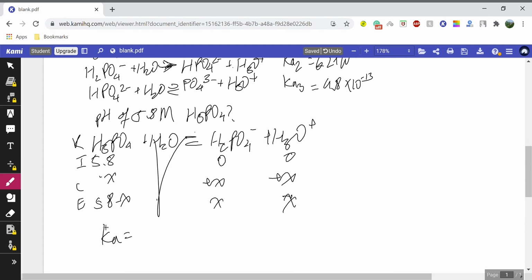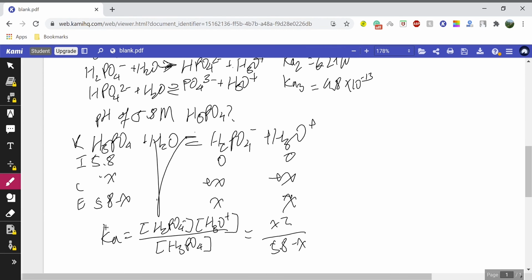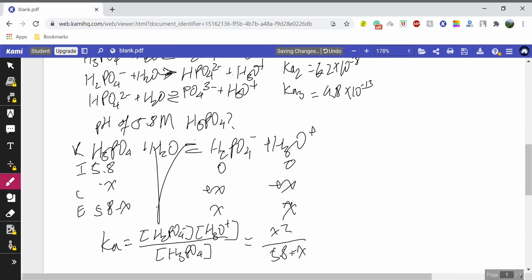So we're going to use Ka is equal to the products, which is H2PO4 minus, times the concentration of H3O plus, divided by the aqueous concentration in our reactants, which is only H3PO4, because H2O is the water. Now this will equal X squared divided by 5.8 minus X. And we do not delete the minus X because our Ka value is big.